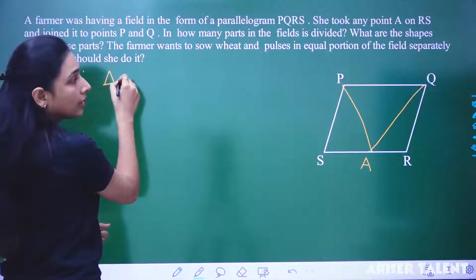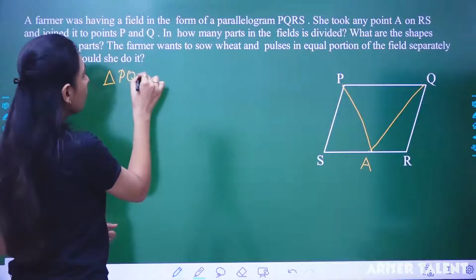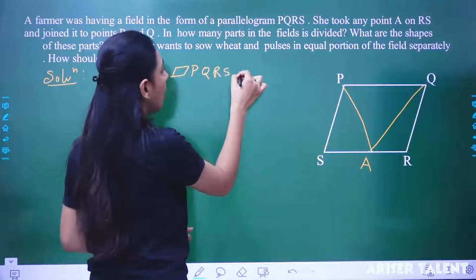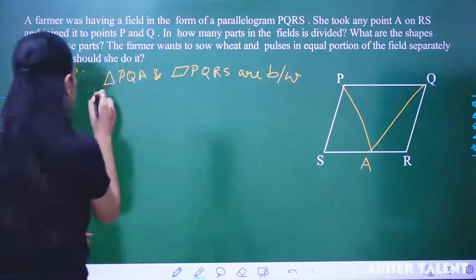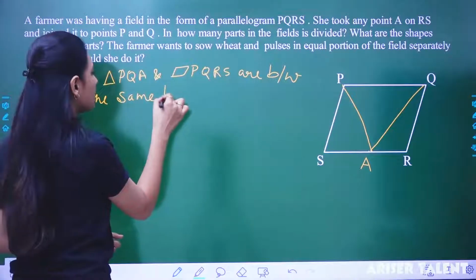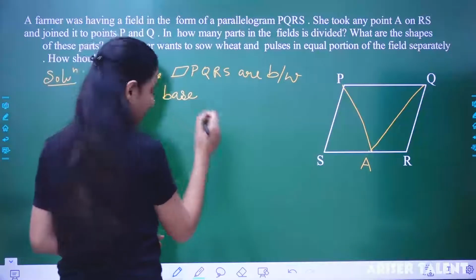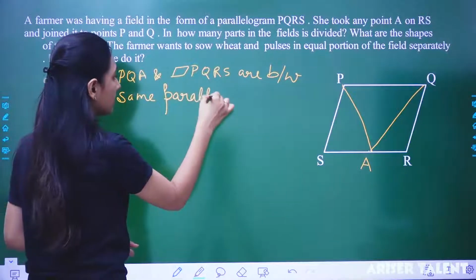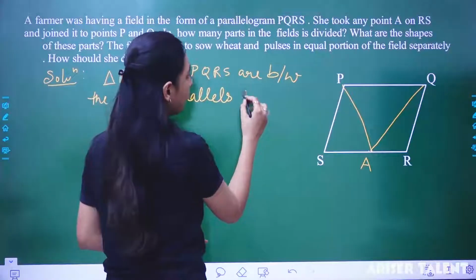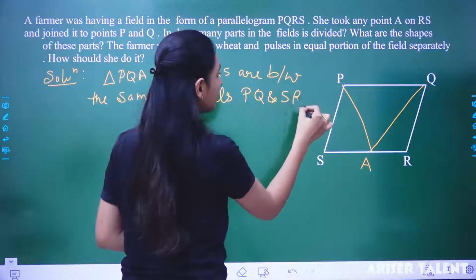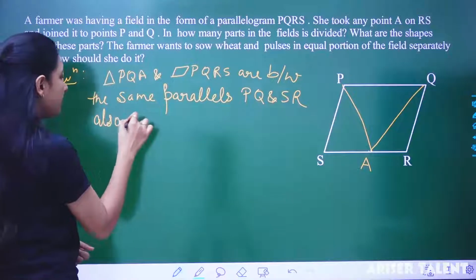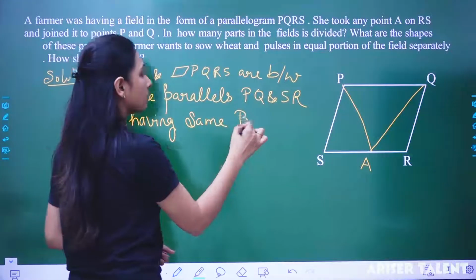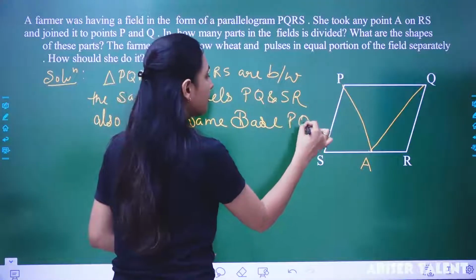Triangle PQA and parallelogram PQRS are between the same parallels PQ and SR, and also have the same base PQ.